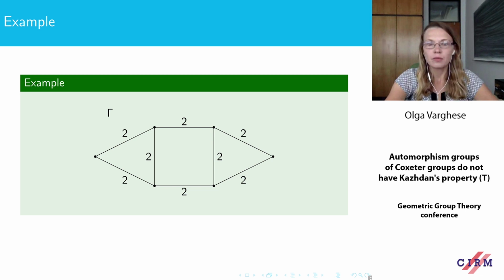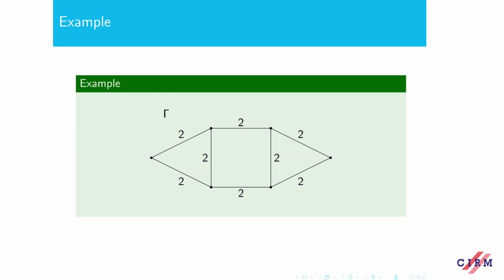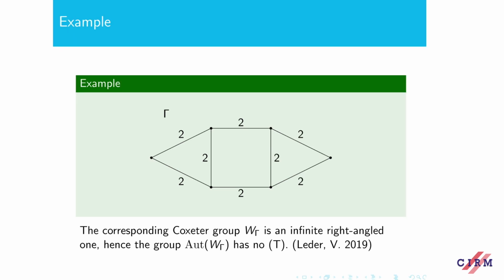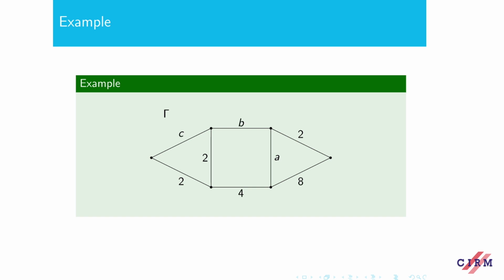So let us discuss some examples. The corresponding Coxeter group of this graph is a right-angled one, and it is infinite. So hence, the group has no property T. So what about this graph?